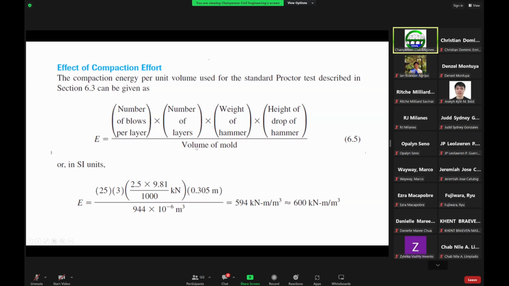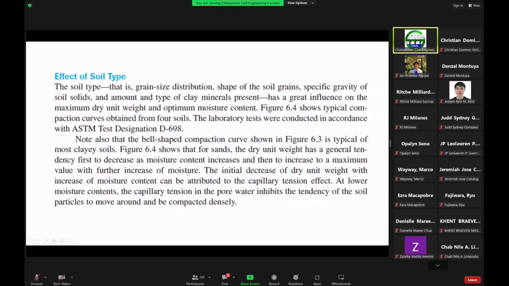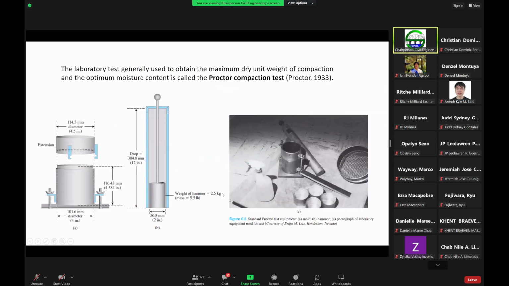In the case of the standard Proctor test, for example, wherein you have 25 blows per layer, then you do 3 layers, multiplied by the weight of the hammer, that's 2.5 kilograms.